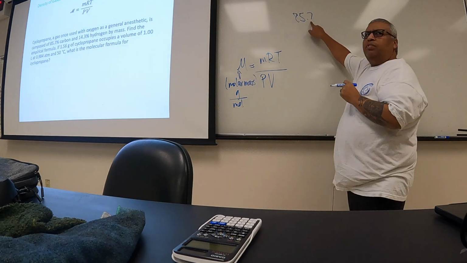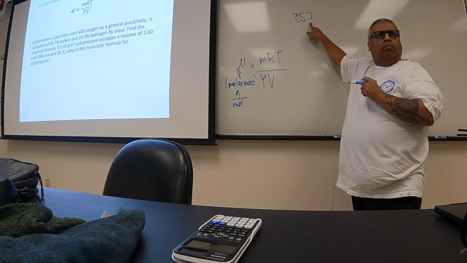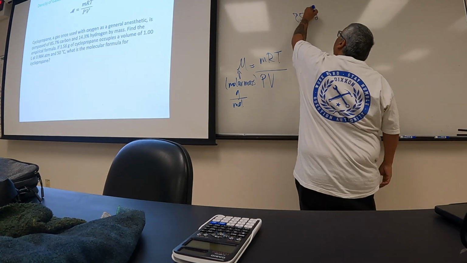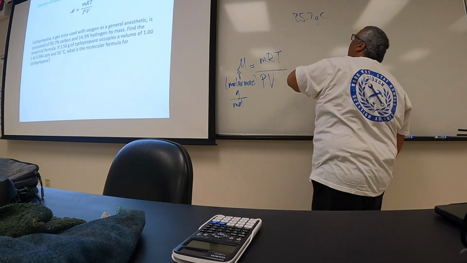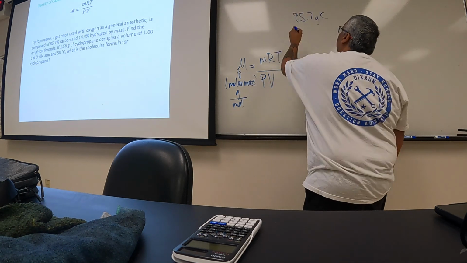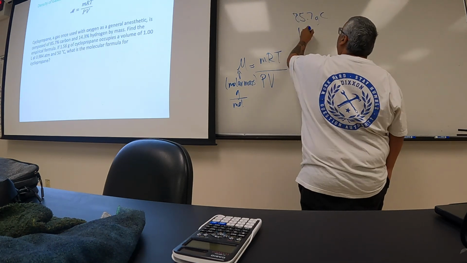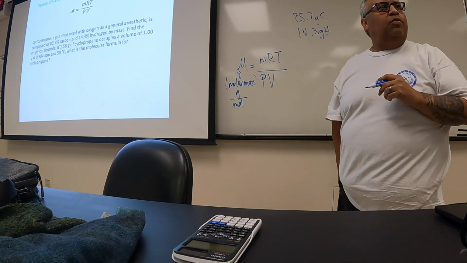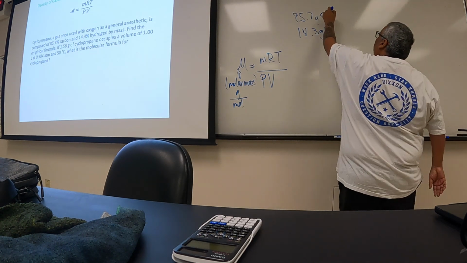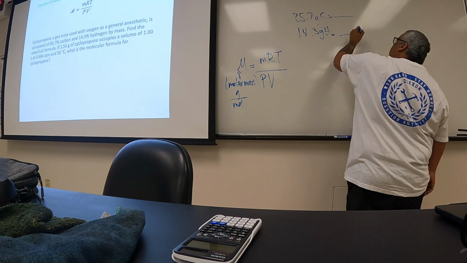But instead of using the percentage, what can we do? Grams, yeah. We're going to assume we have 100 grams. So we have 85.7 grams of carbon, which means that we have 14.3 grams of hydrogen.